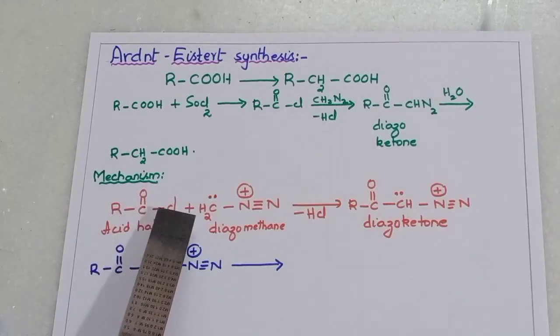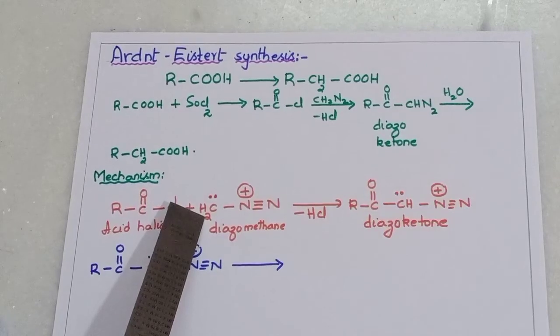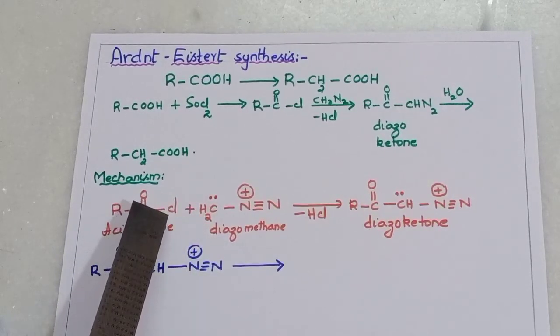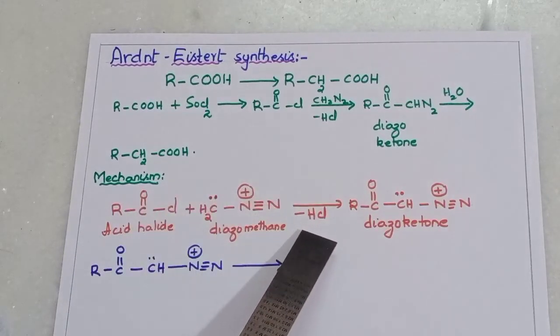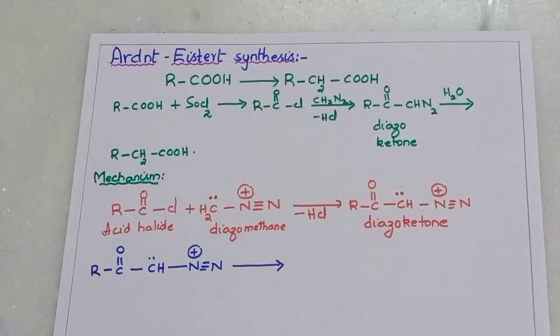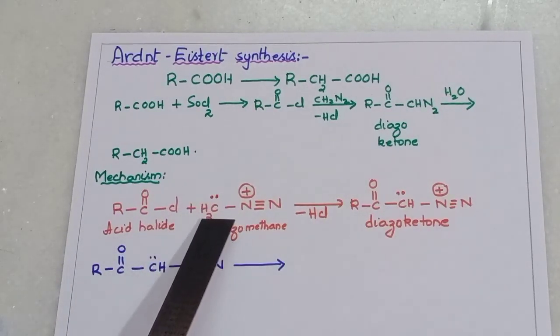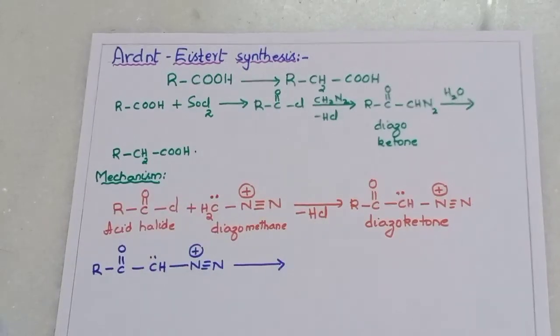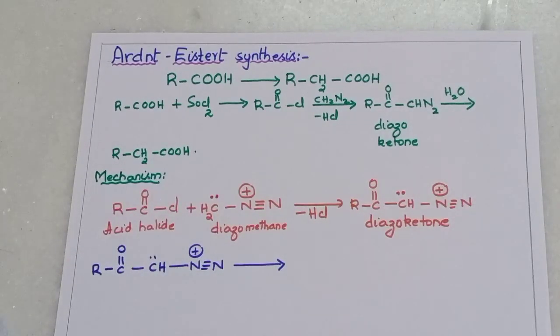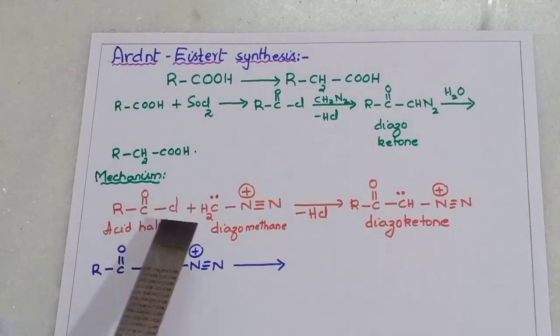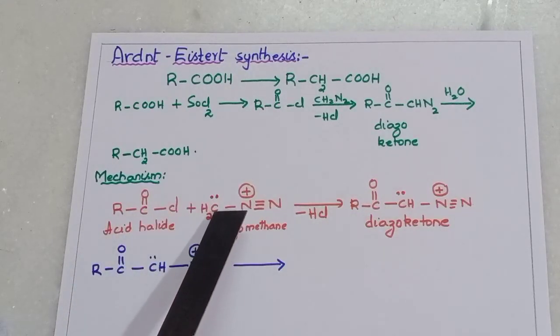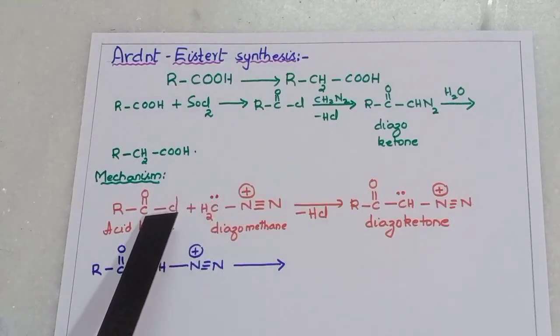One of the hydrogens from CH2 and this chlorine come out as minus HCl. Now this carbon comes and gets attached to this carbon.